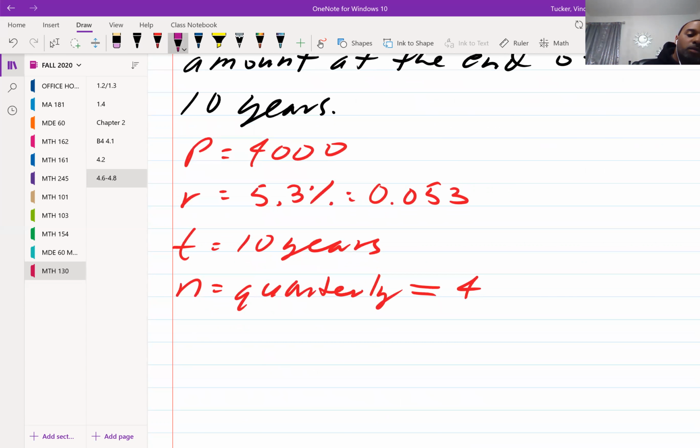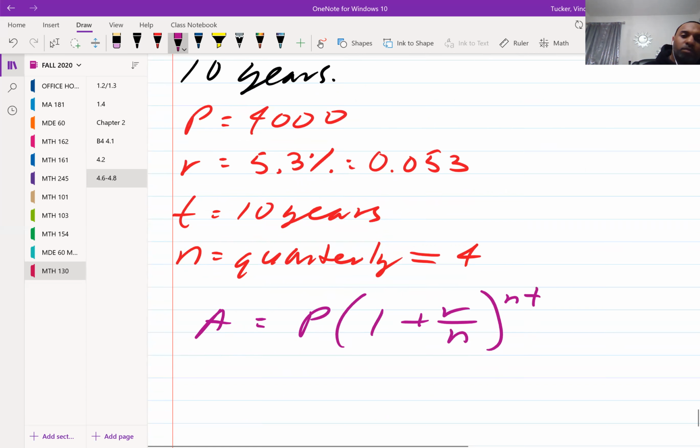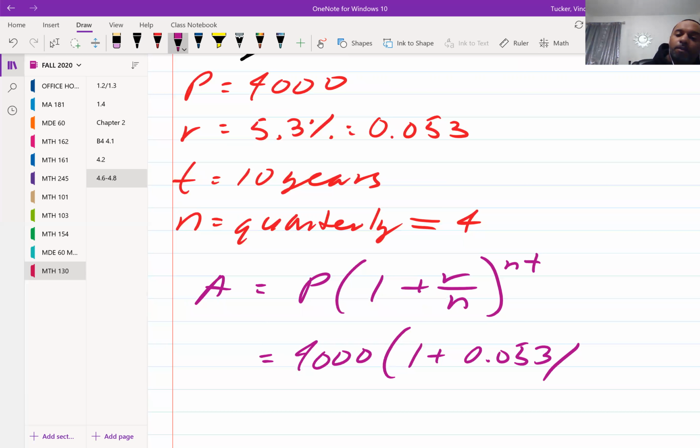All right, so we plug it into the formula. P is 4,000. R is 0.053. N is 4. And we're going to raise it to the 4 times 10 power.